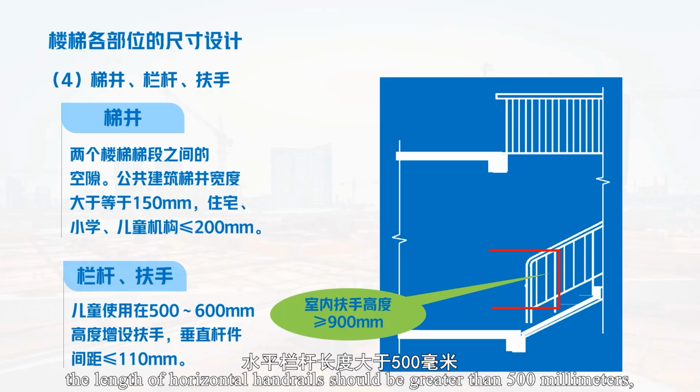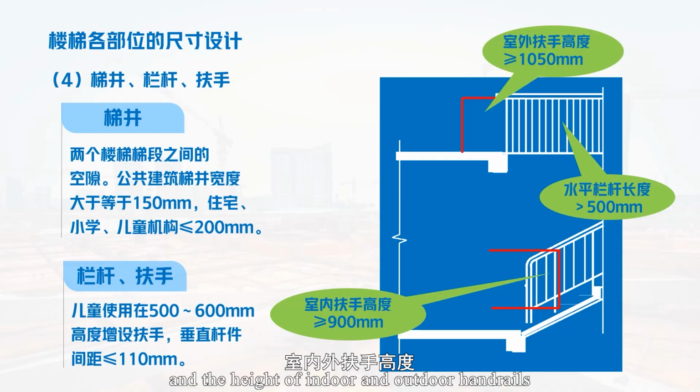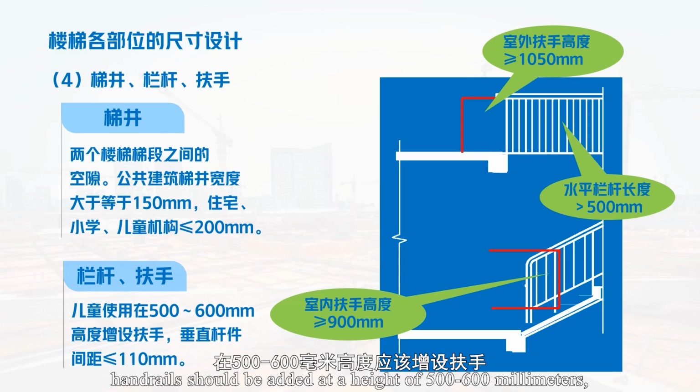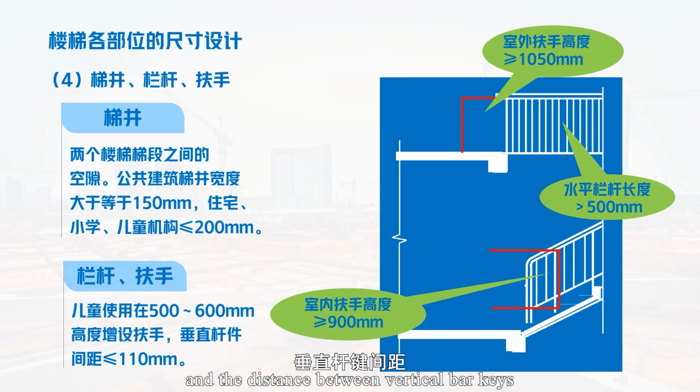The length of horizontal handrails should be greater than 500 millimeters. And the height of indoor and outdoor handrails should be greater than or equal to 1050 millimeters. When children use stairs, handrails should be added at a height of 500 to 600 millimeters. And the distance between vertical bars should be less than or equal to 110 millimeters.